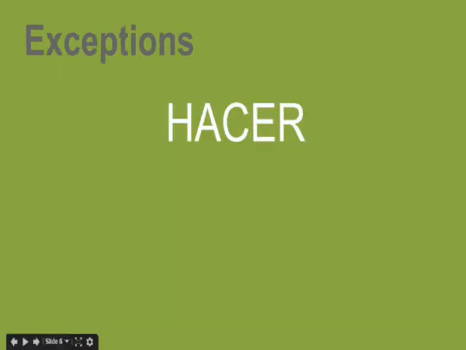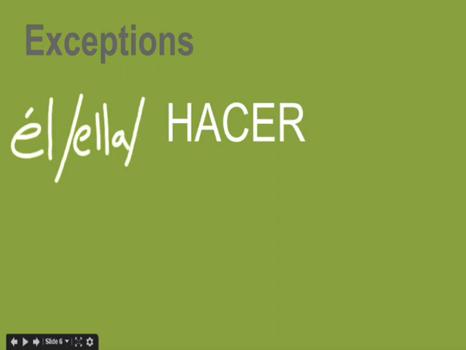Right, there are exceptions when it comes to conjugating, and hacer is one of those exceptions. And it has an exception in the él, ella, usted form. So normally, we would think with the él, ella, usted form, that we would take the irregular stem for hacer, hic, and that we would add the ending for él, ella, usted, o.